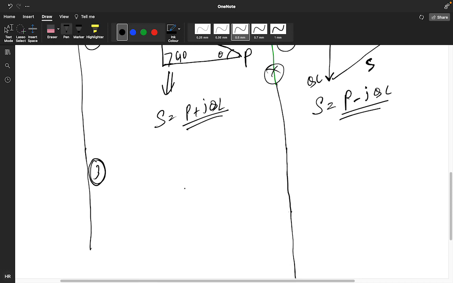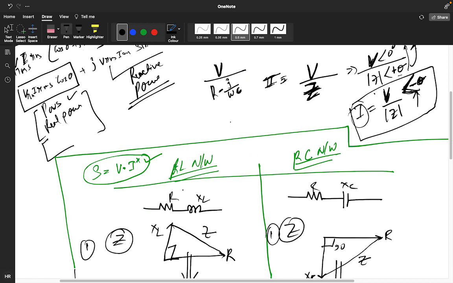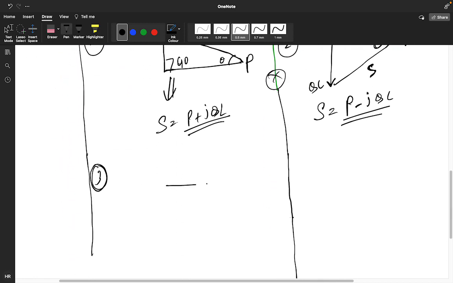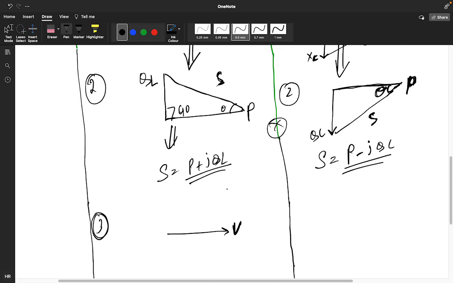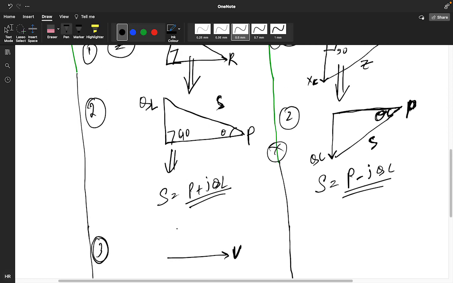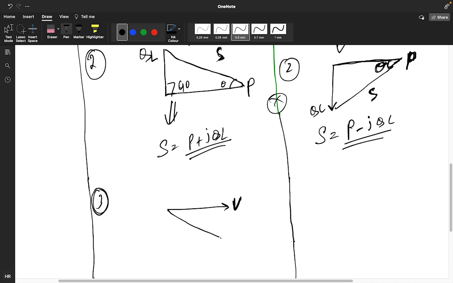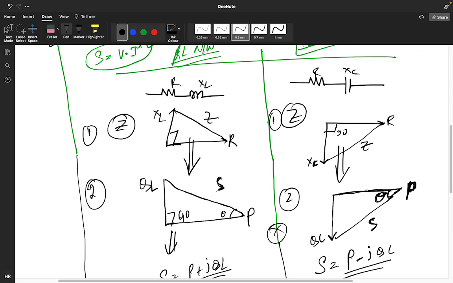In an RL network, if you have a voltage parameter V, the current will lag at some particular angle, some theta angle I am taking, and in the RC network the current will lead by some theta angle.